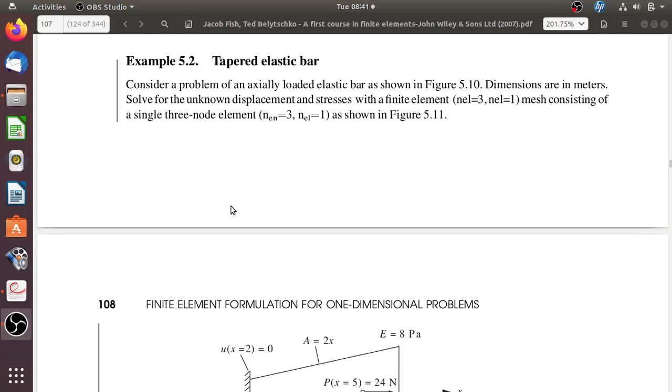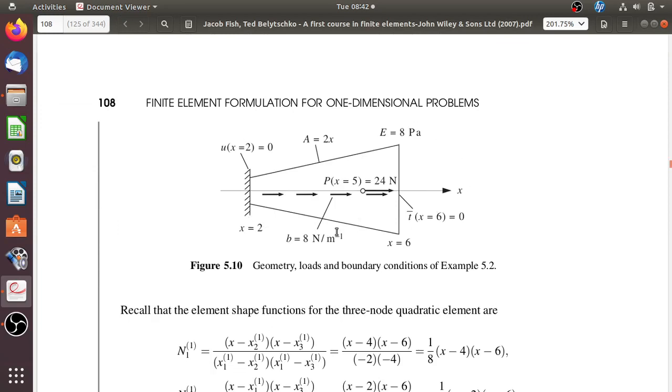So in this lecture we will see an example on how to solve a tapered elastic bar using the finite element method. The problem is given in the following manner. This is the tapered bar, and the area varies in this manner.